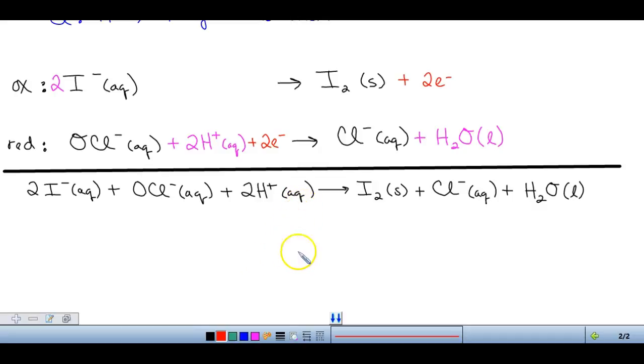So what you have to do for a problem in basic solution is you look at the number of hydrogen ions that you have and you add that many hydroxide ions to both sides. Not quite finished there though, because when you add hydrogen and hydroxide together, you make water.